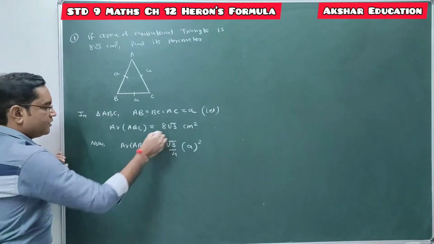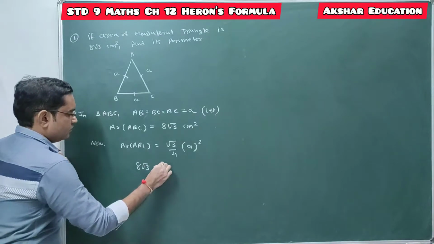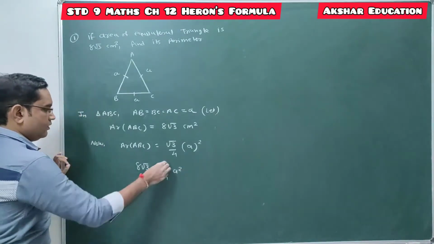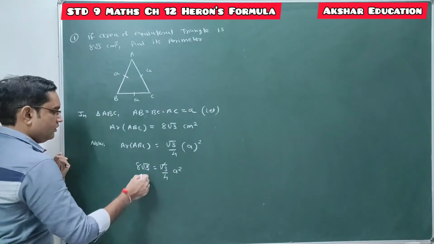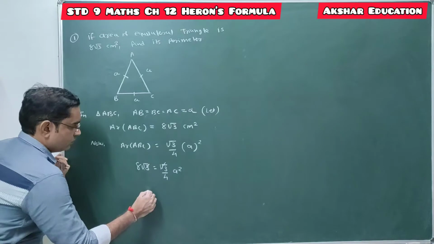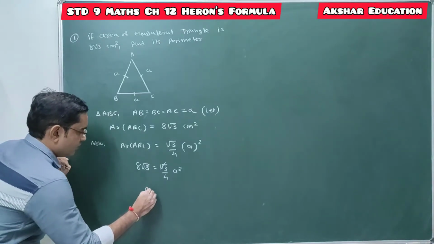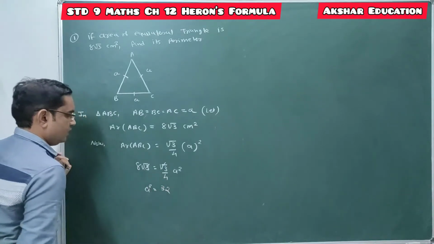Area of triangle ABC is given, which is 8 root 3, equal to root 3 by 4 into a square. Root 3 cut, so a square equal to 8 4s are 32.